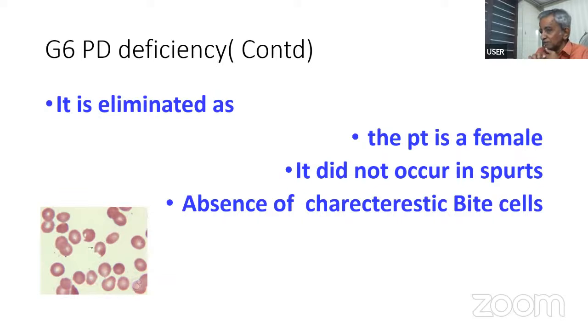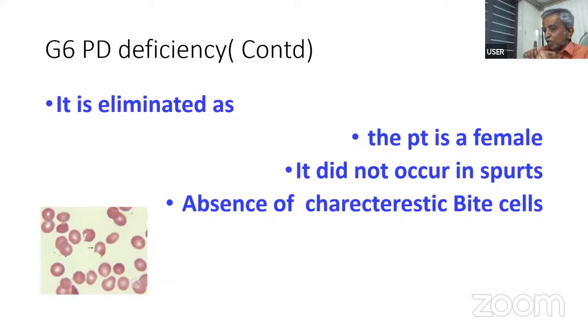One more thing. Yeah, XO, agreed. There is something called the Lyon hypothesis, Lyonization. So three exceptions to this rule that only males are affected, and females can be affected.